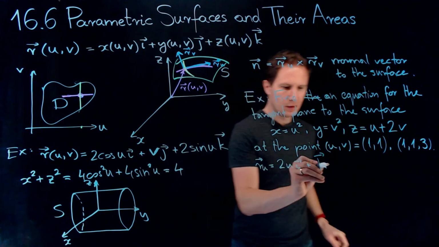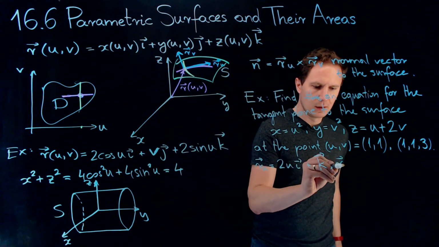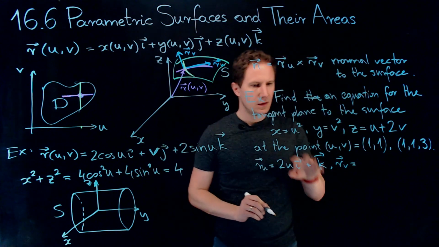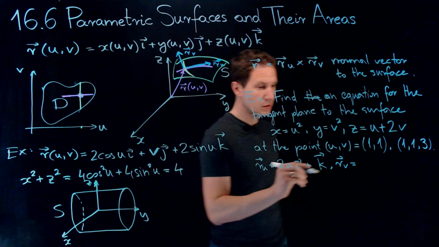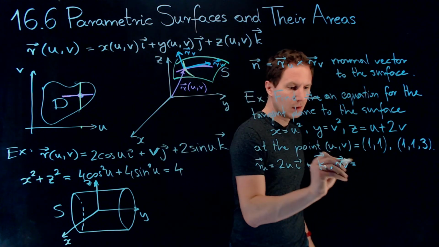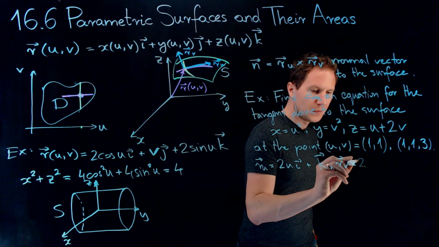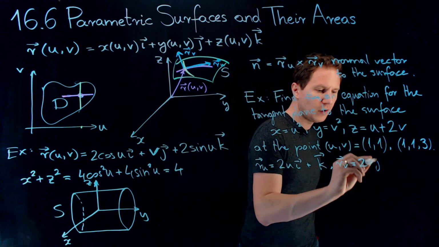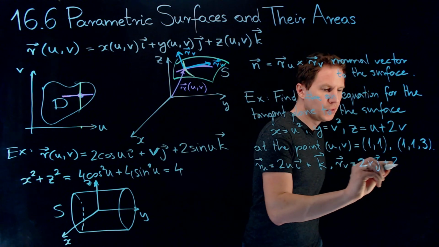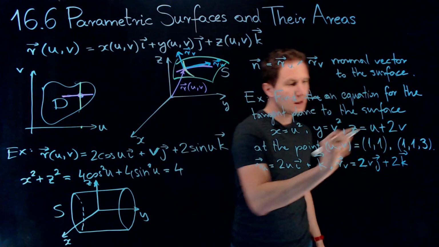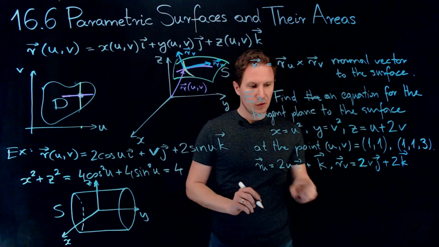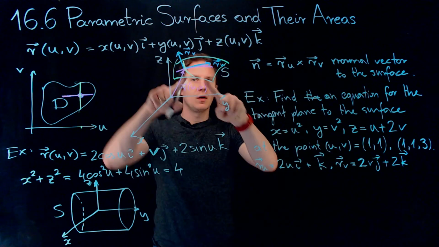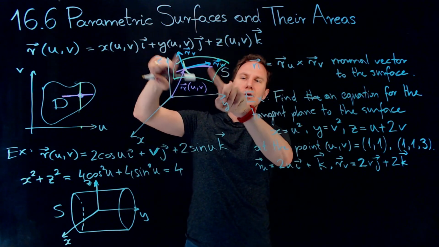So that's our r sub u. R sub v is similar, but now it's the x component which gets differentiated to 0, so there is no i vector in that, but there's 2v times j plus 2k. If we differentiate the z component, we get 2 with respect to v. So these are our two tangent vectors, r sub u and r sub v.